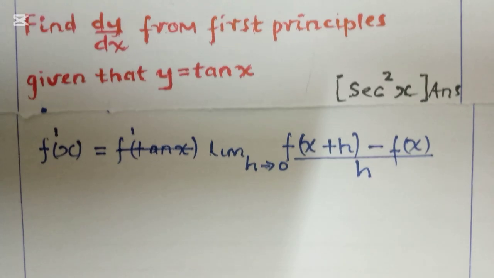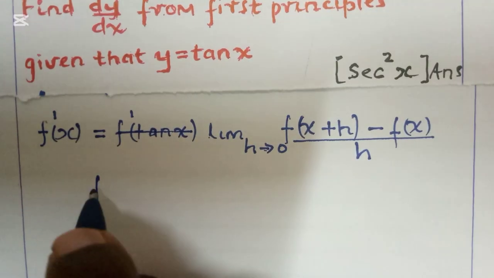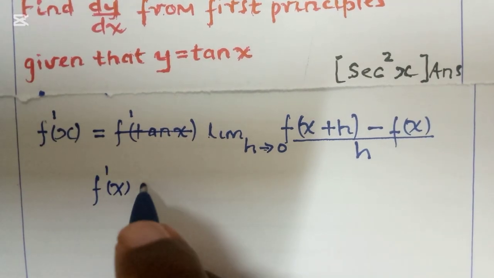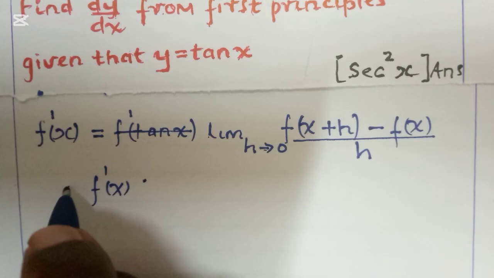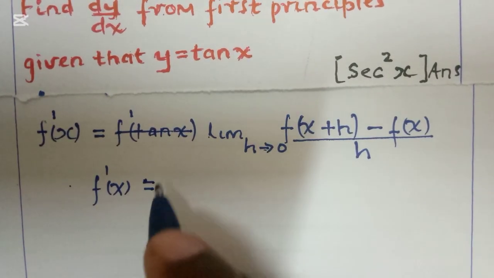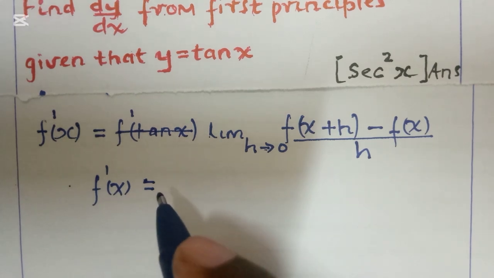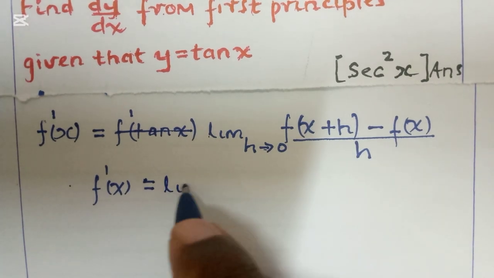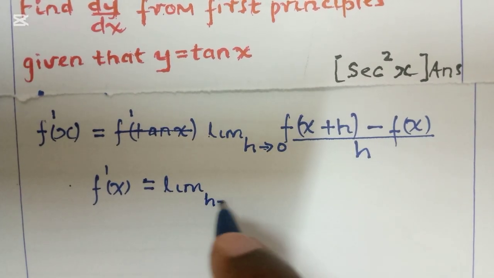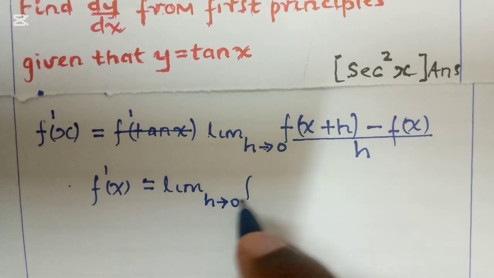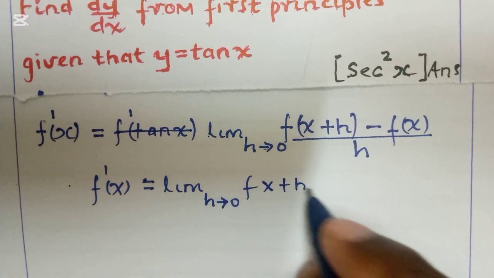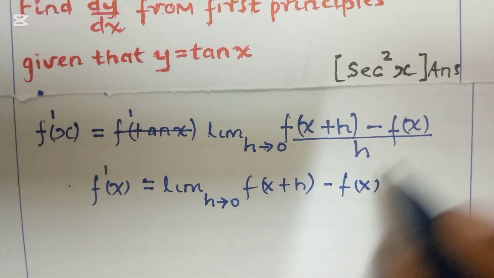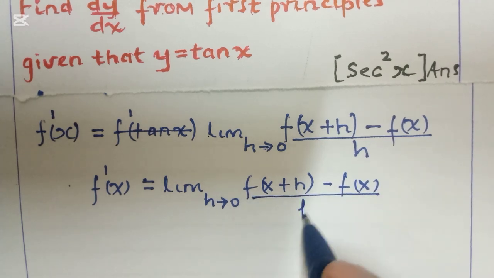Maybe I can write it here better so that we can see it again. f prime x is equal to the limit as h tends to 0 of f(x plus h) minus f(x) all over h.